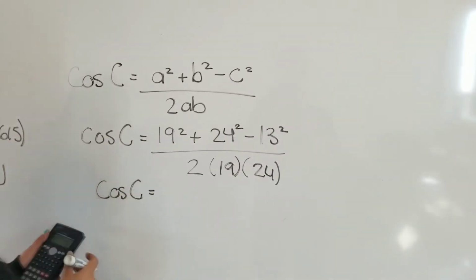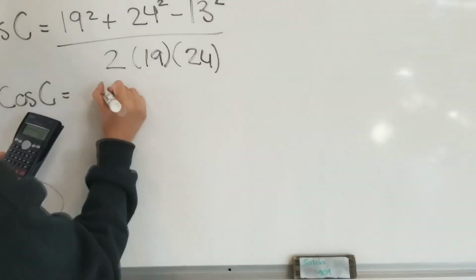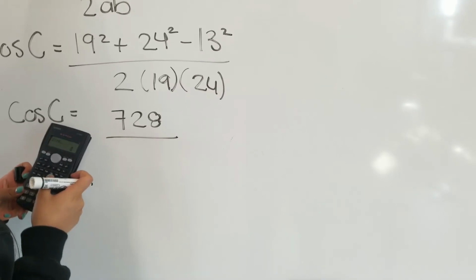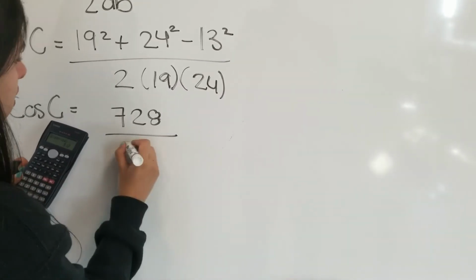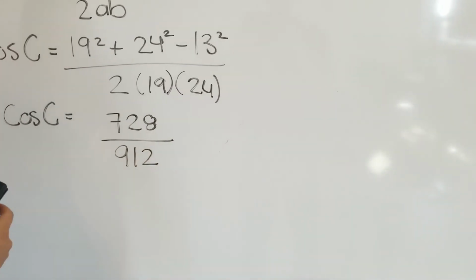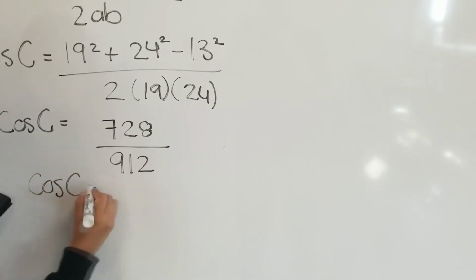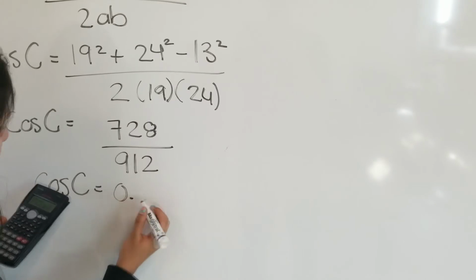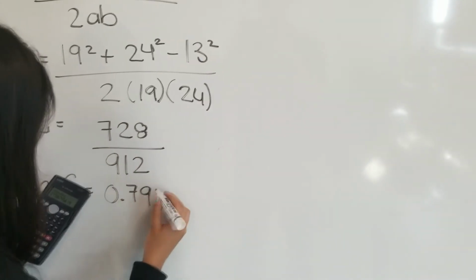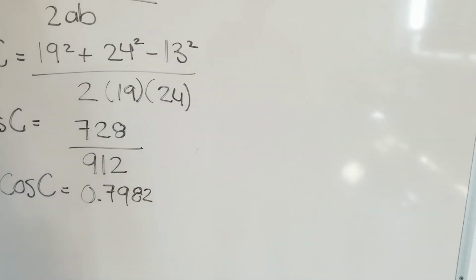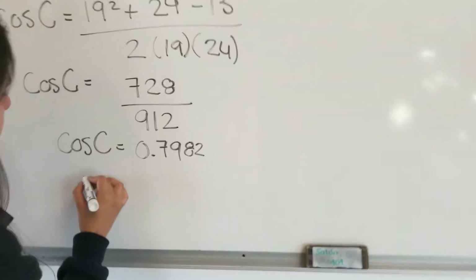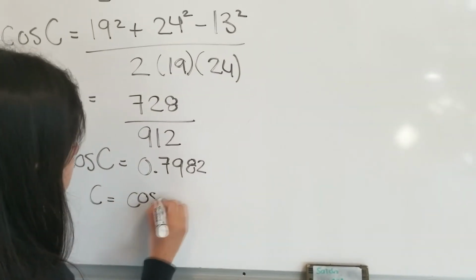Cosine C is equal to 19 squared plus 24 squared minus 13 squared divided by 2 times 19 times 24. Cosine C is equal to 728 divided by 912. Cosine C is equal to 0.7982.